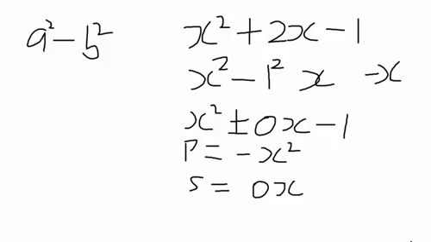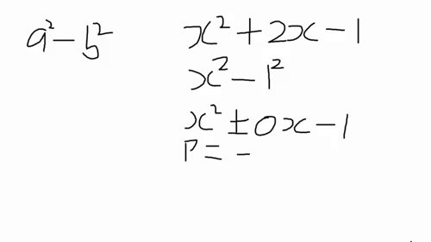That simply means that what you are looking for is negative x and positive x. So you replace 0x with those two values. Now you have x squared, minus x, plus x, minus 1.